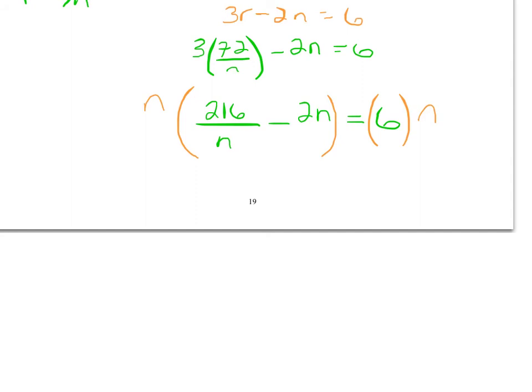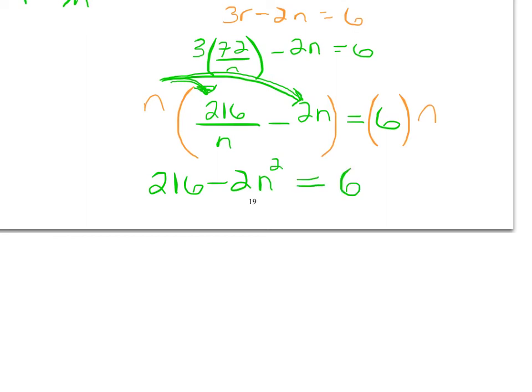Now I have to distribute this n to both terms of the parentheses. When I do it to the first number in parentheses, the n's cancel and I just get 216. And then when I distribute the n to the next thing in parentheses, I get minus 2n squared. And that should equal 6n.